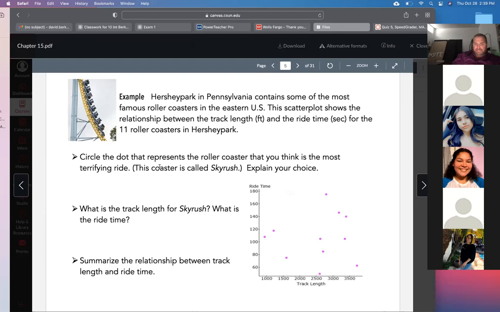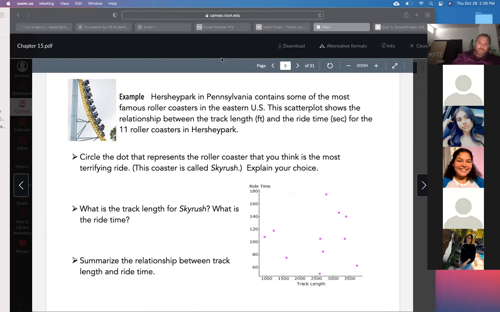The one that's at the bottom but far right. So you're saying that this one is the most terrifying? Tell me why. It's because we'd be going incredibly fast to go through that track length in that amount of time. Yeah, that's pretty good.